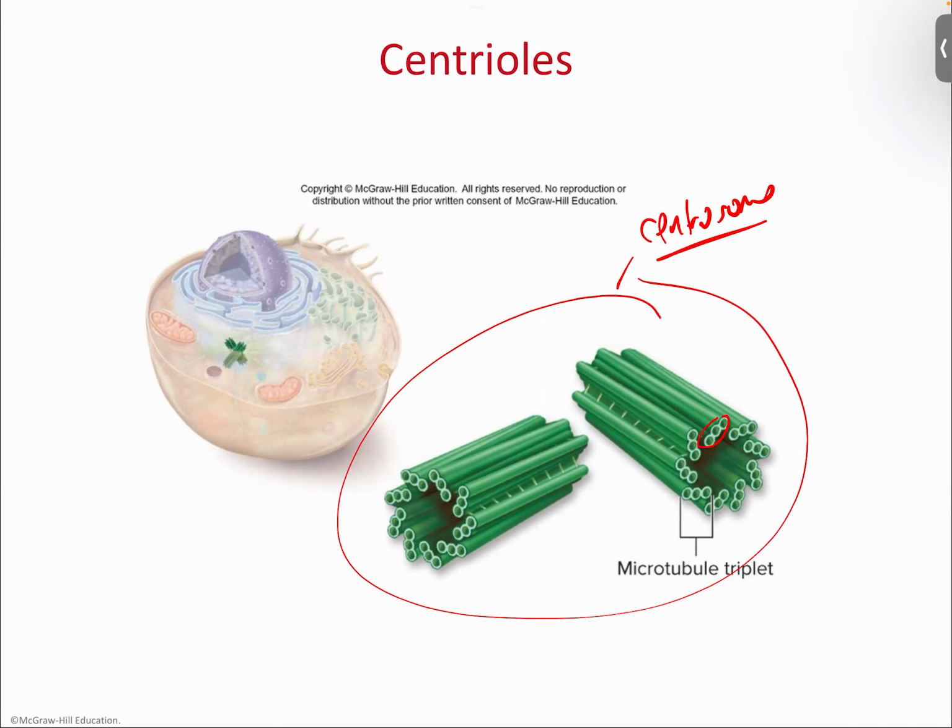And there's 9 of them. So you have 1, 2, 3, 4, 5, 6, 7, 8, 9 around a hollow core. That's important. Remember that structure, because we're going to see something very similar to that in a couple of slides.